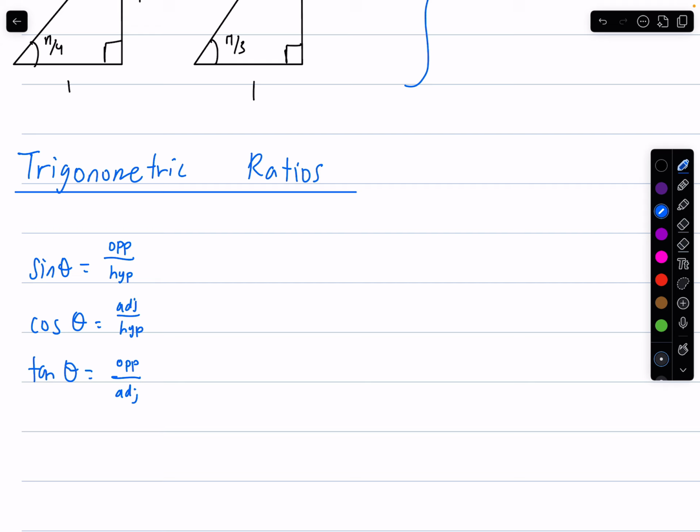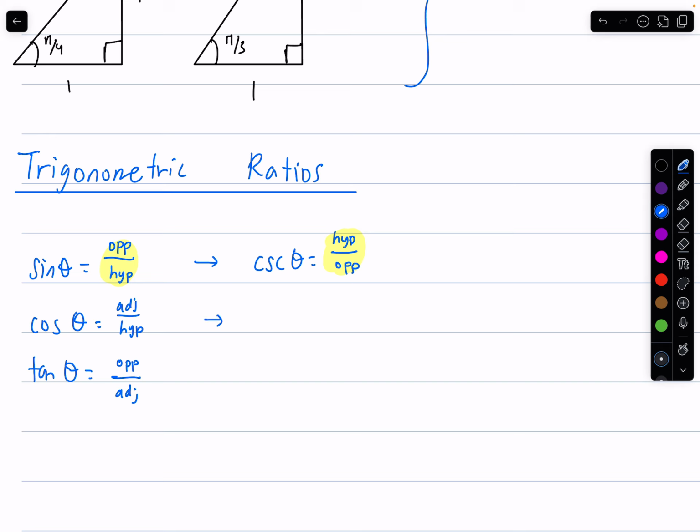In the same way we have these trig ratios, we also have the reciprocal trig ratios. For sine, its reciprocal is called cosecant, and cosecant is hypotenuse over opposite. Notice how this flips over. You're just flipping the fraction.